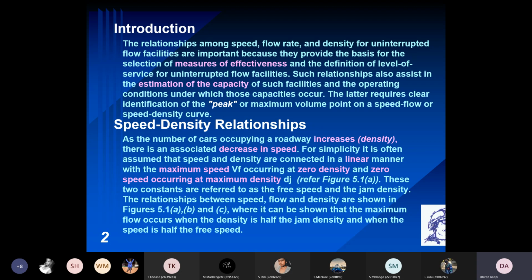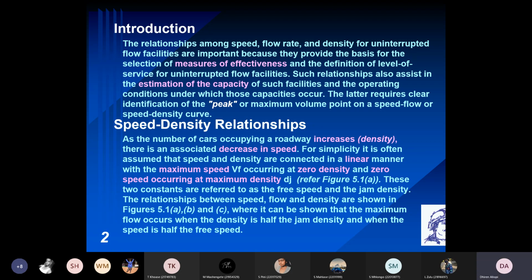You will find that where you obtain maximum speed, and we use the symbol VF for maximum speed, at that point you would expect zero density, so no queuing of vehicles. On the other hand, when your speed is zero, that's when all your vehicles come to a standstill, and that's when you have the maximum density, which we refer to as jam density, DJ.